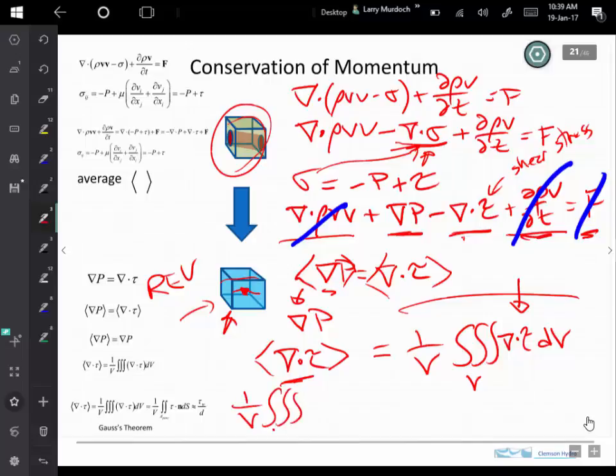I'll write this again. This is now called Gauss's theorem. What Gauss's theorem says is that this term equals 1 over the volume, and now I'm going to integrate over the area, and I'm going to take the normal flux.